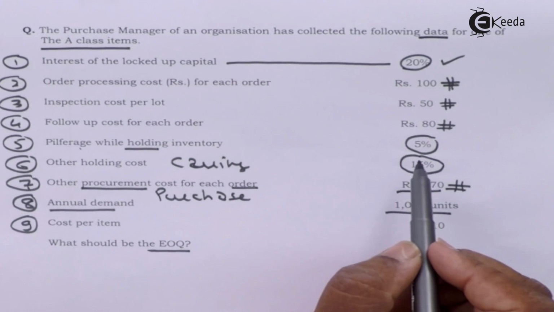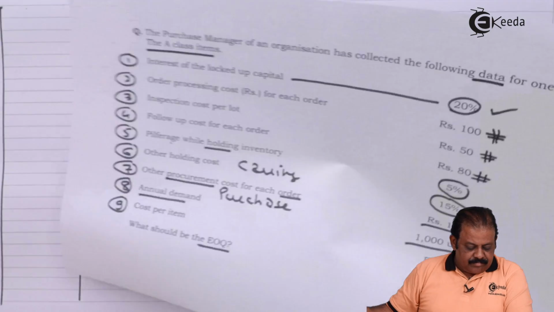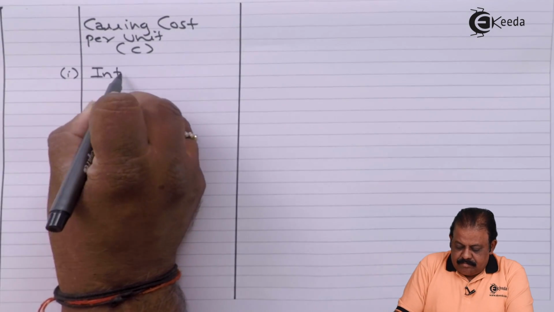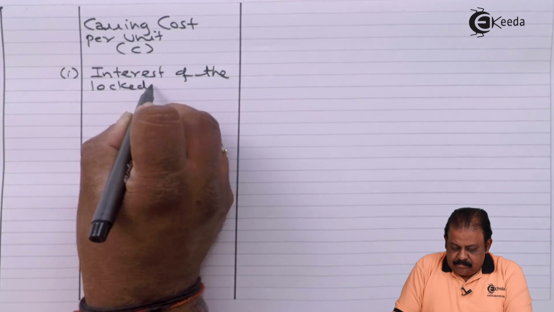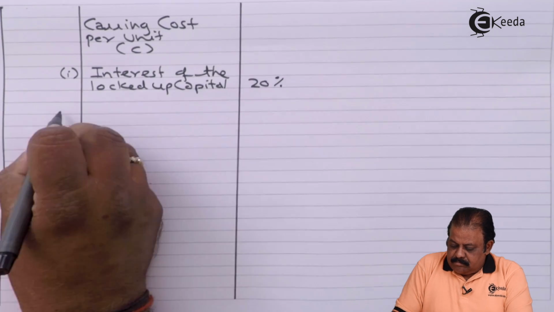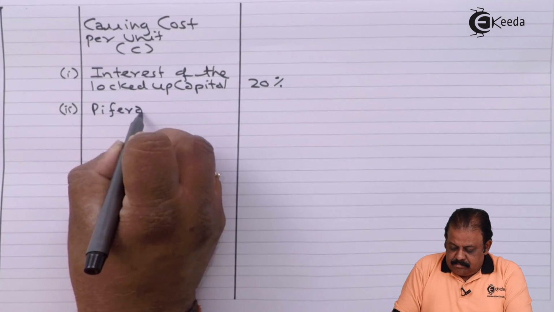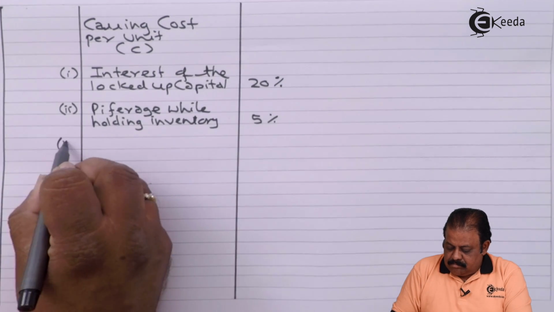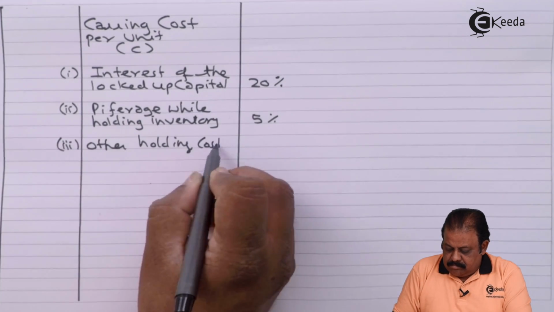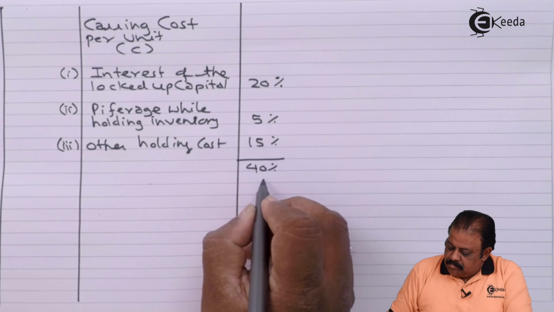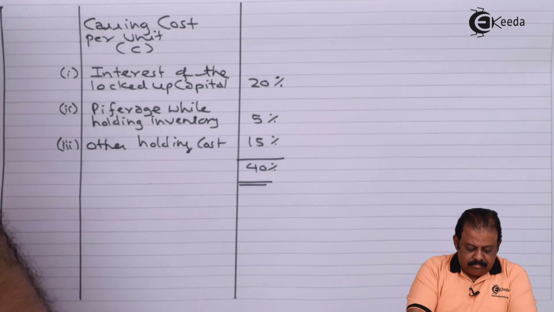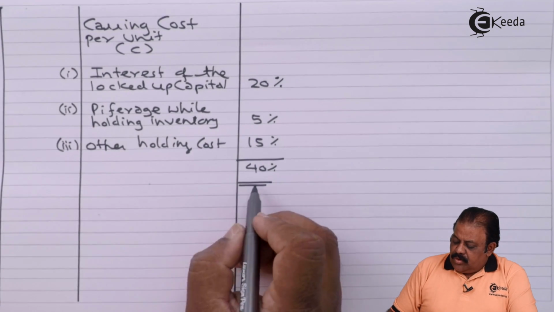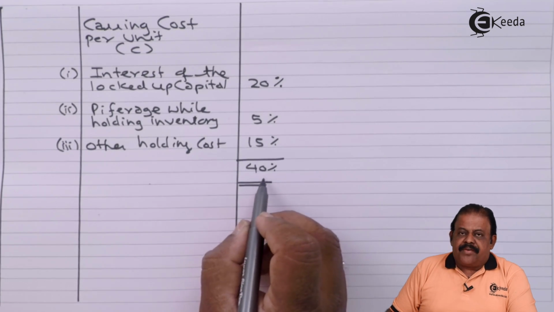This information is relating to carrying cost. Here we have total carrying cost 40%.